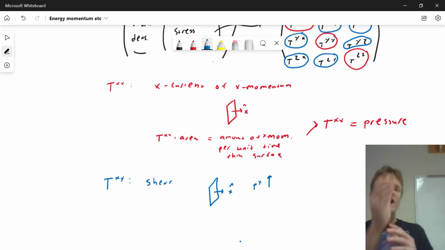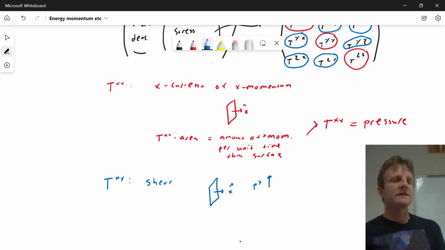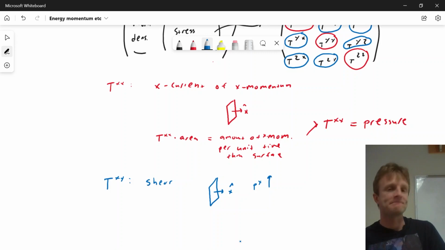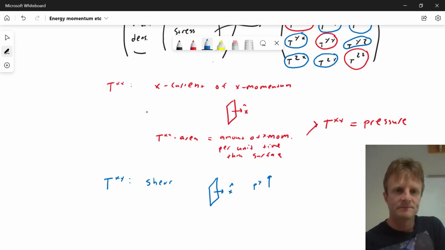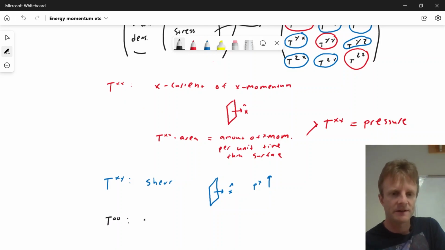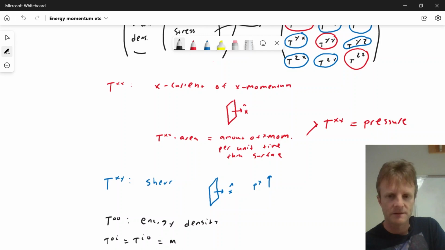Interested in how much Y momentum would cross that surface per unit time. Okay? And for completeness, let me just write out T^{00}. We already said that. That's energy density. And T^{0i}, which is the same as T^{i0}, is momentum density.